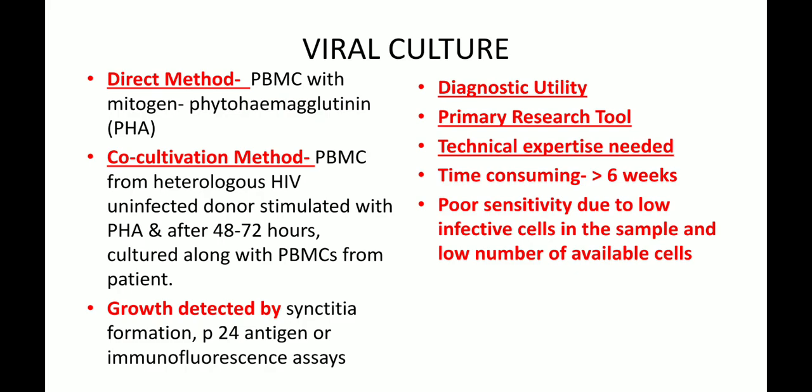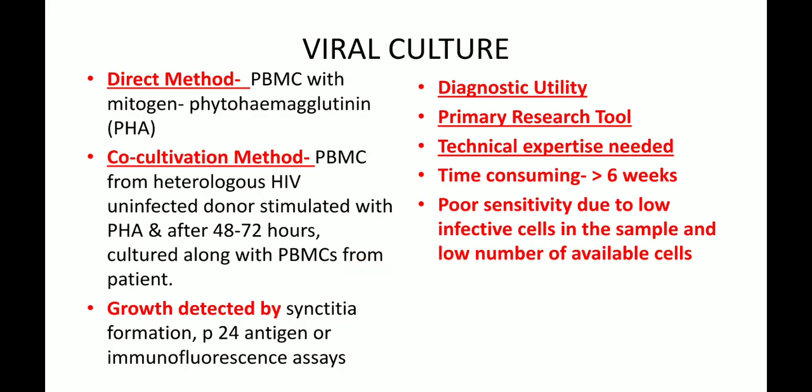We take them from the patient and they are cultured in vitro in the presence of PHA, which is called phytohemagglutinin. Then you have the co-cultivation method. Here we take blood mononuclear cells from an HIV uninfected donor, and we stimulate them with this PHA mitogen, and after 72 hours we culture them along with the mononuclear cells from the patient.